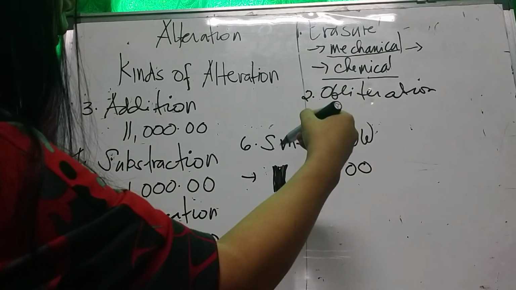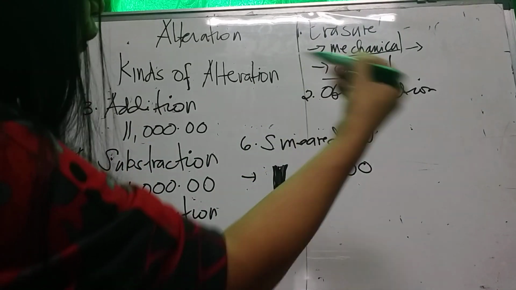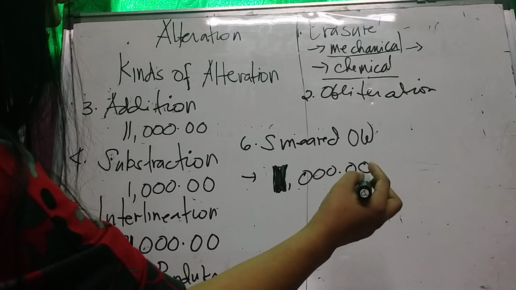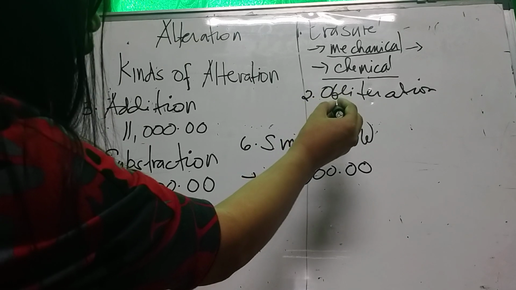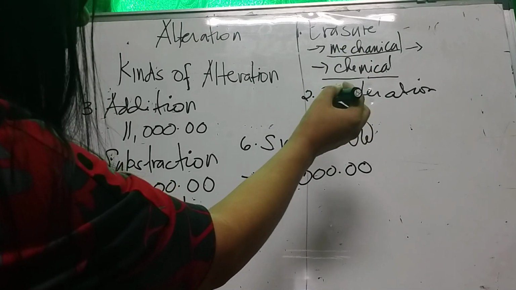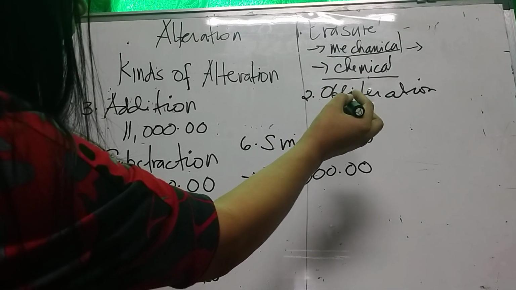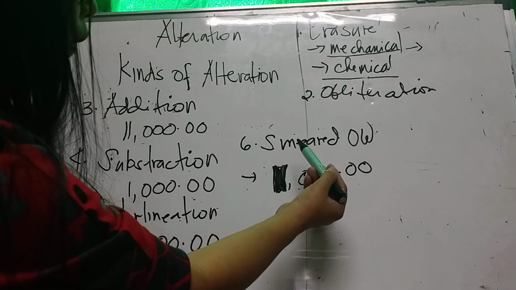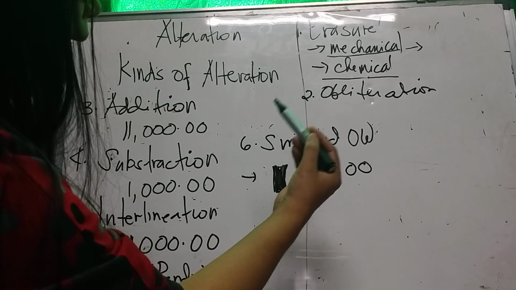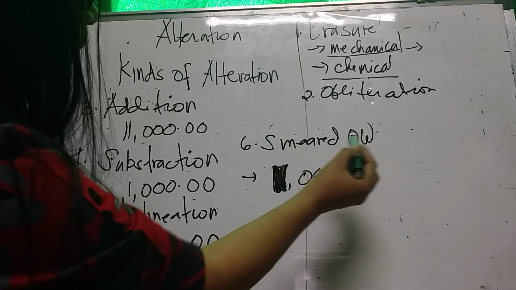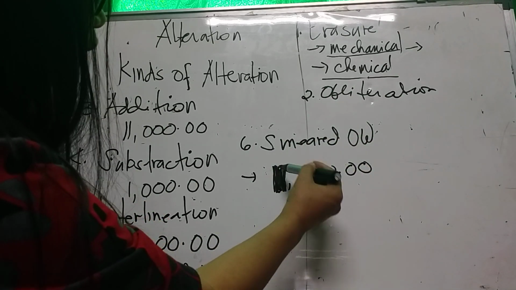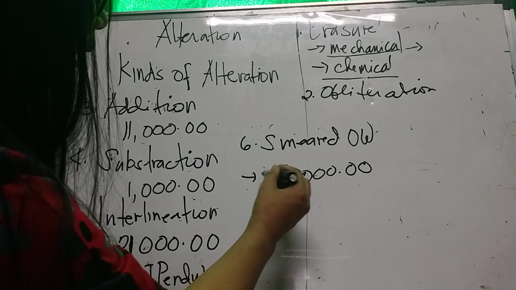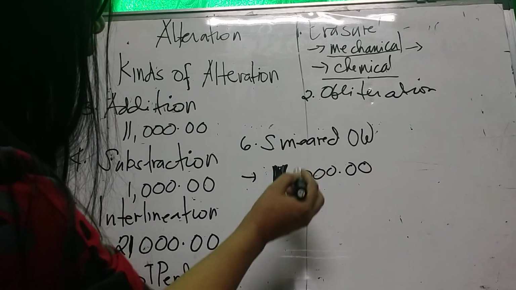Kaya lang, for you to understand, the difference is, doon sa obliteration, medyo mas maayos siya kaysa sa smeared over writing. Si smeared over writing, halatado yung pagka-apply niya because yung ink ay nagkalat. Dirty yung surroundings niya.